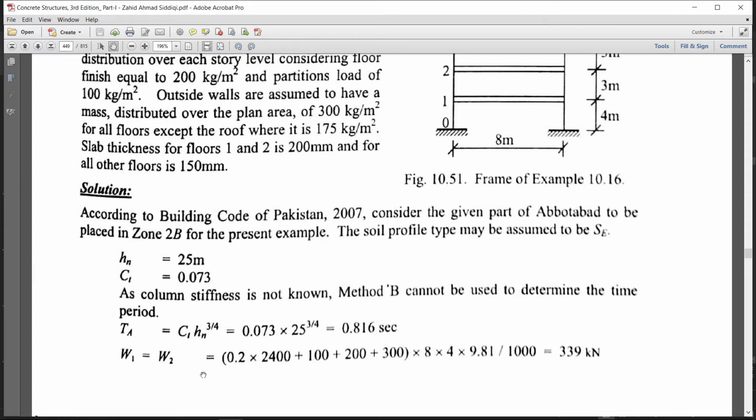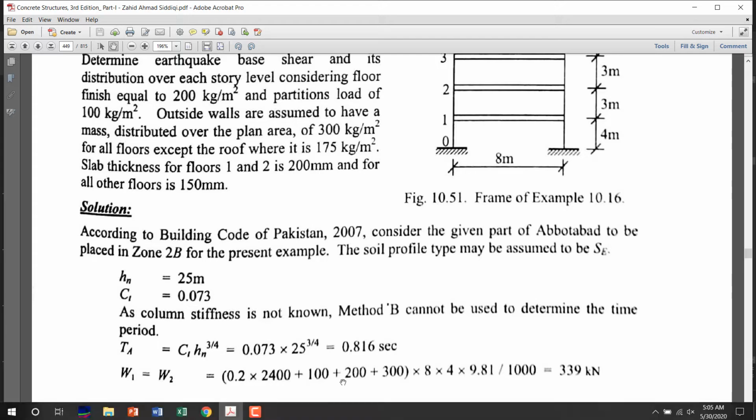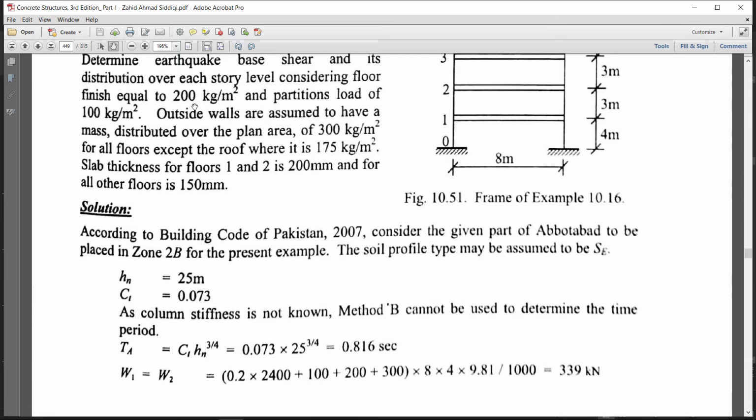Okay, now the load or weight of the first floor and second floor. The thickness is the same, 200 millimeter, so 0.2 into unit weight 2400 kg per meter cube, plus 100, the partition load, plus 200, the floor finish load, and 300, the outside wall load.